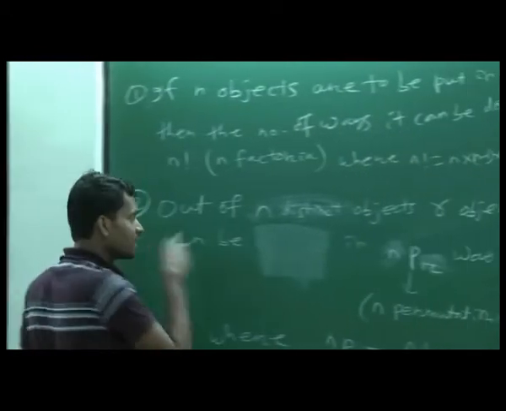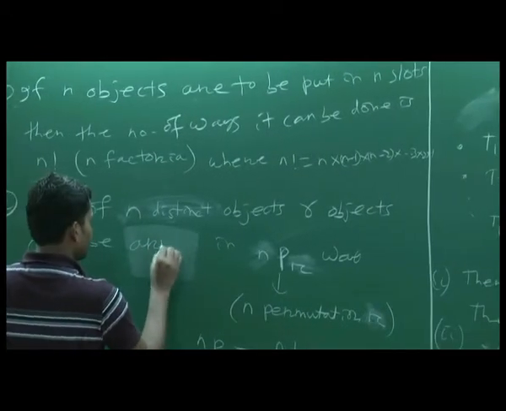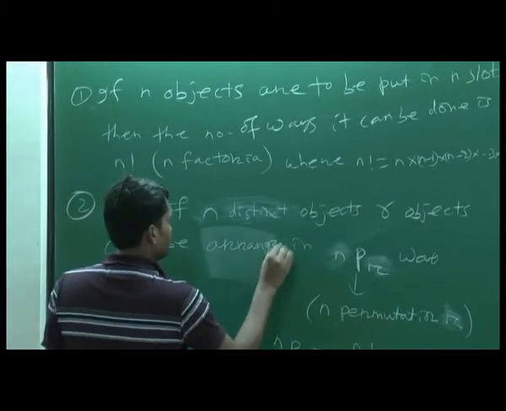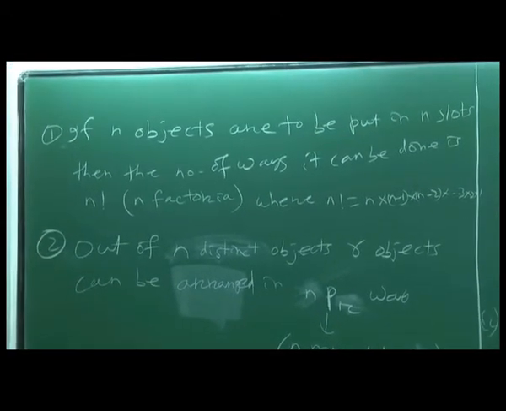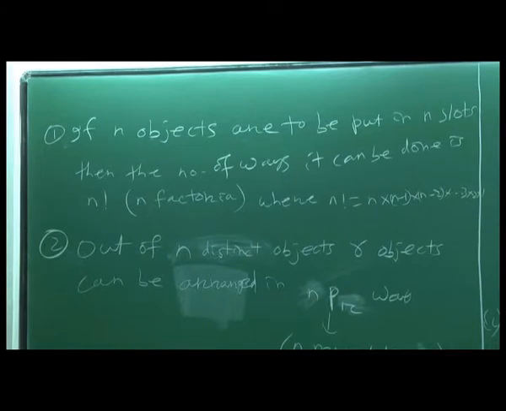What is actually important? This is not chosen, this is arrangement. Arrangements, all those B, D, E, D, B, E, those things are different. But while we are choosing, those will be same.